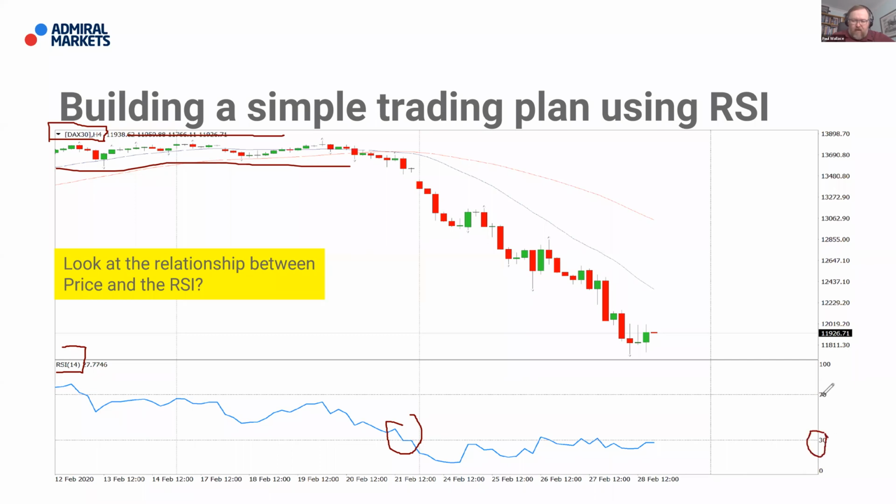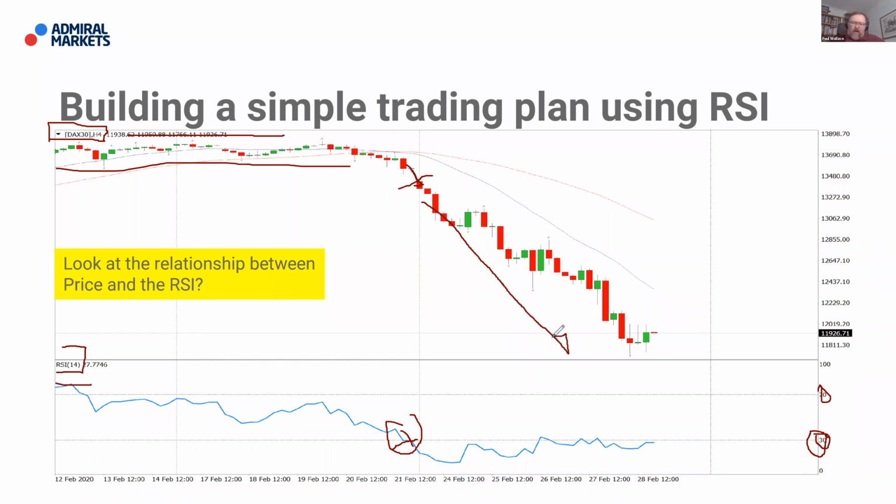Remember what I was saying: it's overbought once it's above 70, and once it's beneath 30, it's deemed to be oversold. So many people will be buying. If you'd bought as soon as price went into the oversold, in this particular case you'd have been buying the DAX around about here, probably when the market opens on the next week. But as you can see, price continues a long way down.